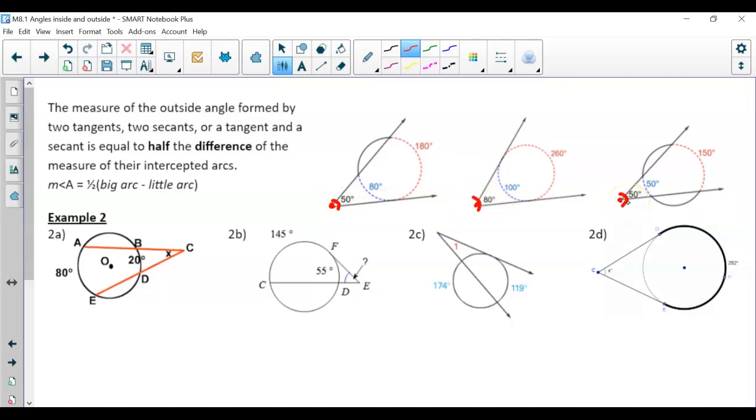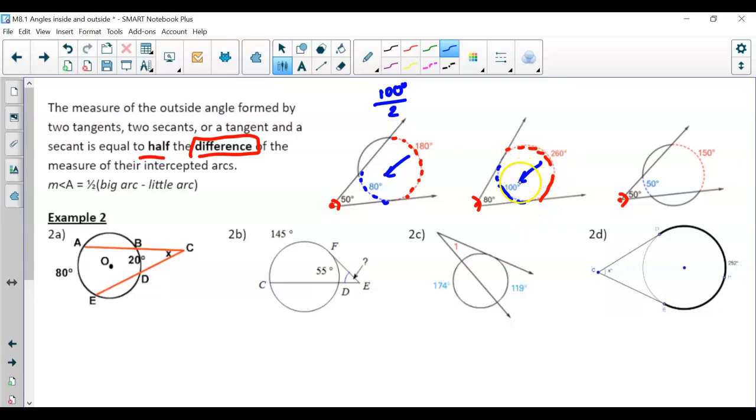So now when it's outside, we're going to still have the intercepted arcs, but now the difference of them. So notice now we're going to take the larger minus the smaller. So like 180 minus 80 is 100 degrees, but then half of that is 50. So again, notice we are taking the larger and subtracting the smaller and halving it.